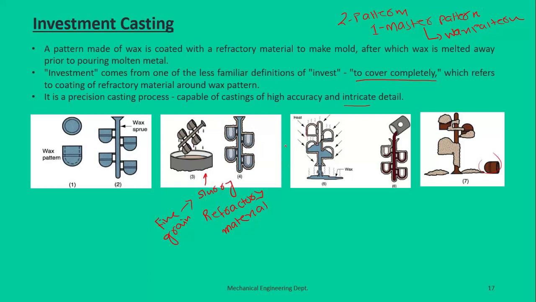In this kind of casting process we can cast multiple products. Let's suppose you are making cups like this one and you want to make multiple cups. We make a sprue of wax and attach multiple mold cavities to this main sprue, so that once you pour the molten material, it will fill up the cavities of all those cups. So we can cast multiple products by making a pattern tree.